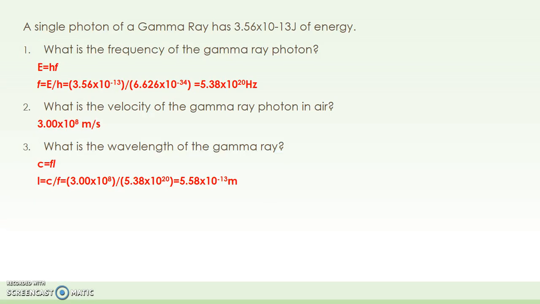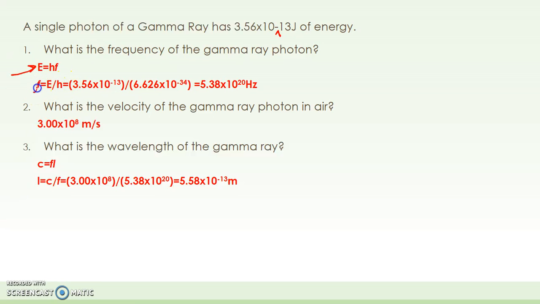All right, here is the second example practice problem. It says a single photon of gamma ray has 3.56 times 10 to the negative 13th, it's supposed to be an exponent, joules of energy. All right, the first question is asking what is the frequency of the gamma ray photon. So we're going to be using this equation, which uses that constant again.